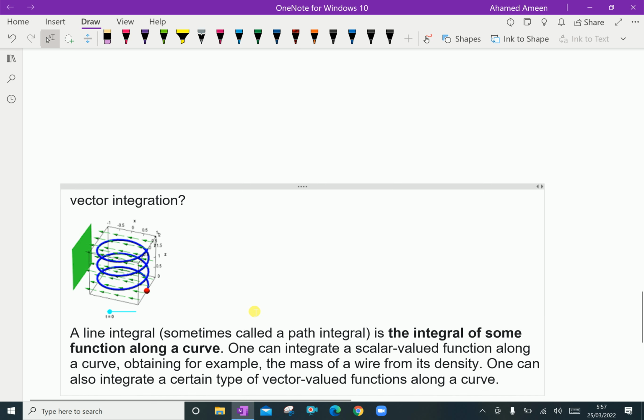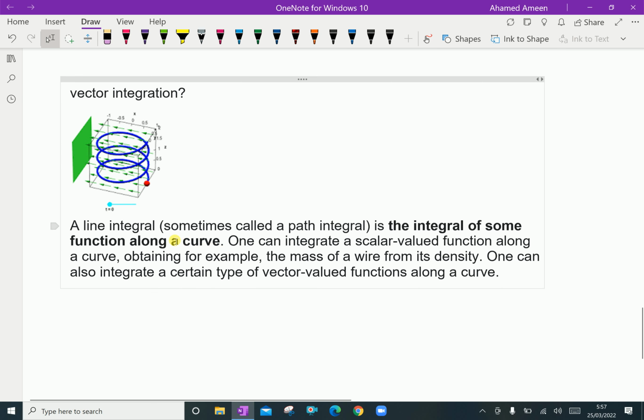Now, then vector integration. A line integral, sometimes called a path integral, is the integral of some function along a curve. Look at this figure.